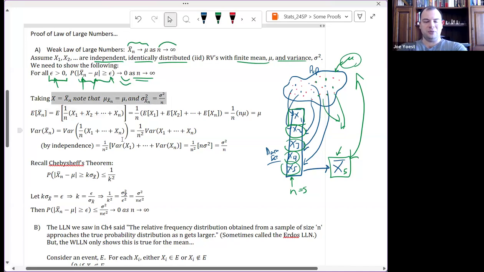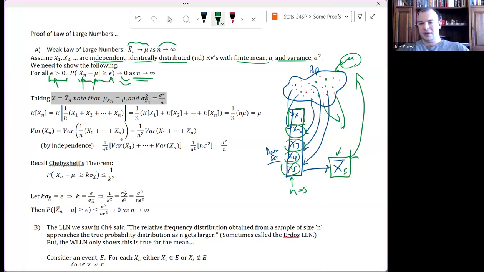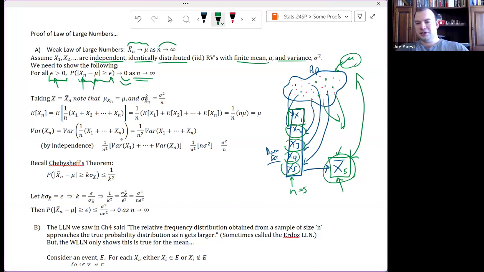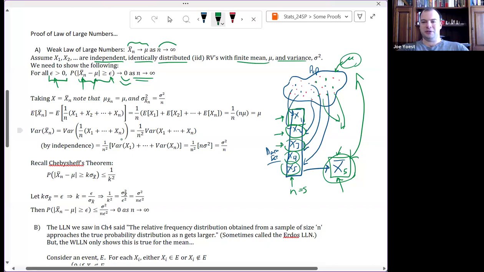So now let's suppose that we have a random variable, x, and in particular, that random variable is our sample mean. Remember, each data point in our sample is randomly drawn from the population.